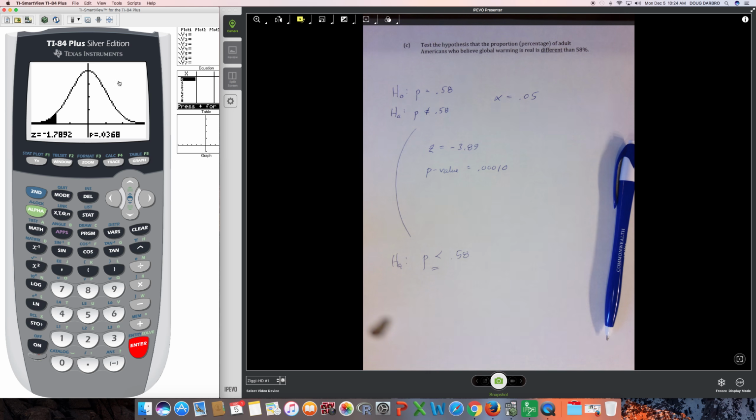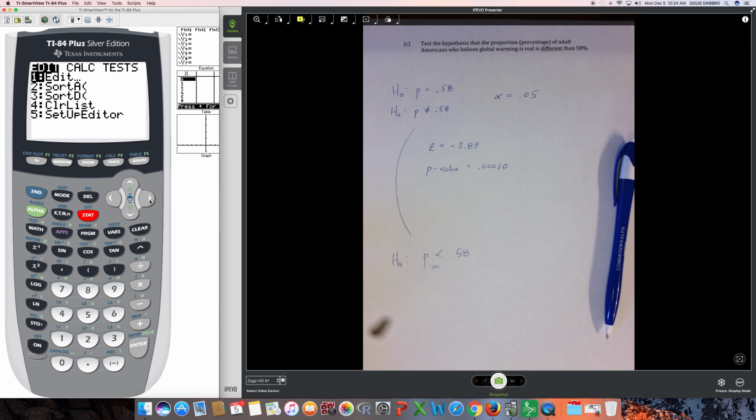Now, it probably goes without saying, but I want to demonstrate it anyway. What would it look like if we were going to test greater than? Let's choose 620 and see how that works, and then test greater than. Okay.